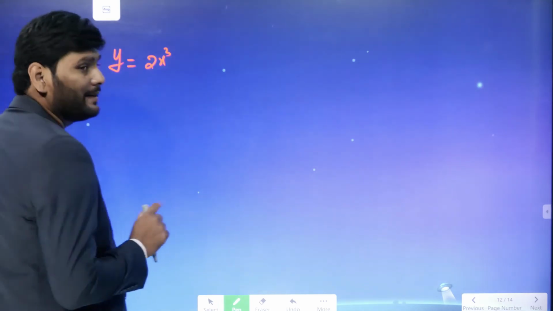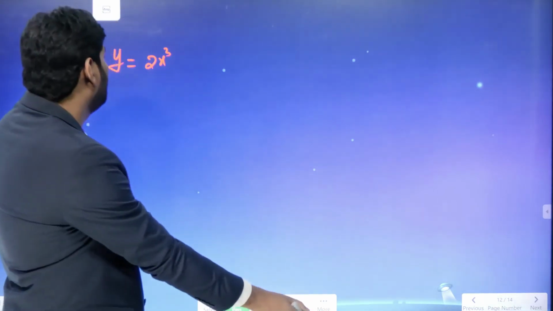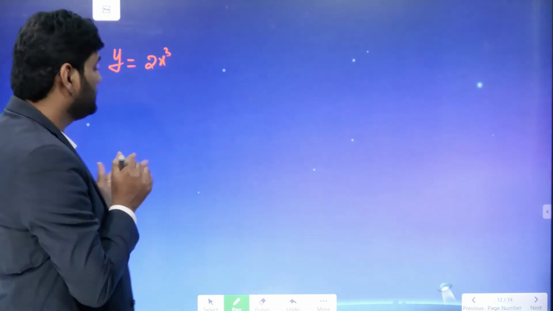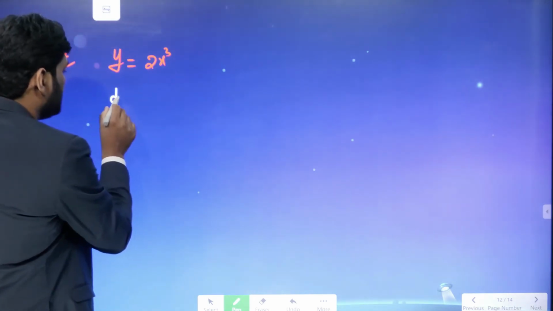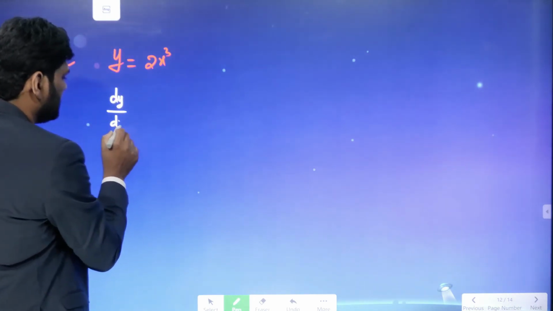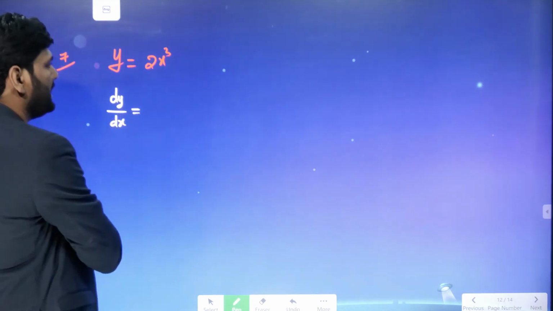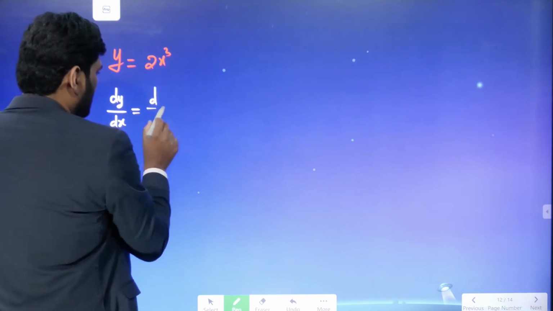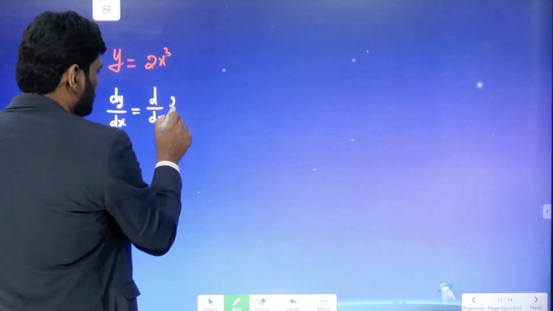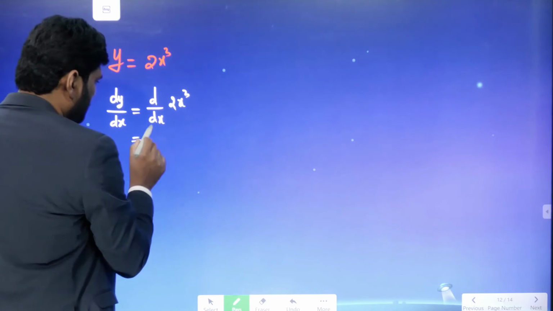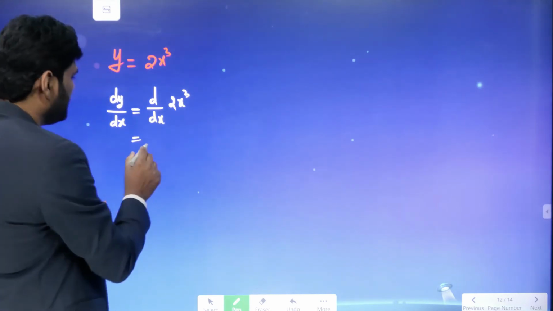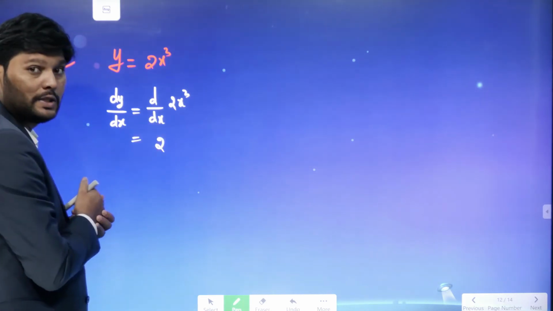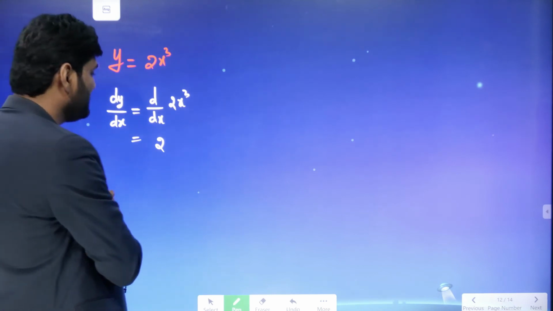So they are asking for the gradient. Gradient means with respect to x, so differentiation with respect to x will give the gradient. Then what is this gradient? The gradient becomes d by dx of 2 into x cube. That is nothing but differentiation, right? So you can put 2 outside of the differentiation.